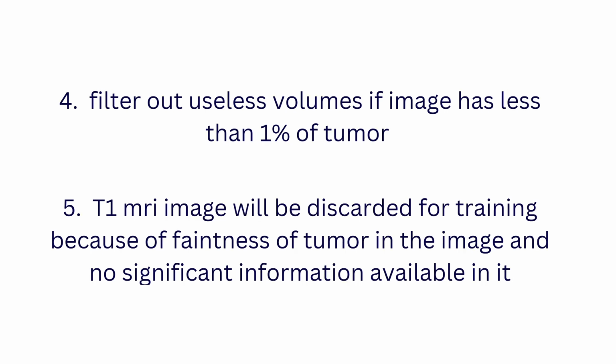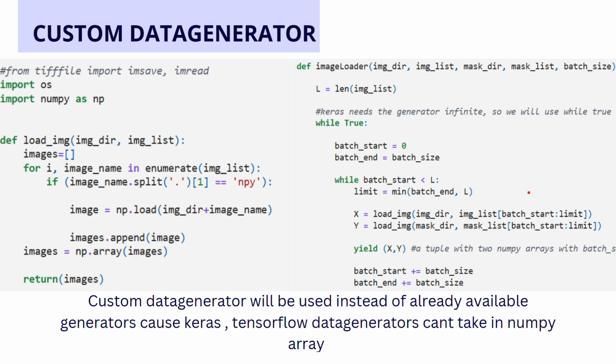Then we filtered out volumes if the image has less than 1% of the tumor. Then we used a custom data generator instead of the already available data generators in Keras and TensorFlow, because Keras and TensorFlow can't take in a NumPy array, and we'll be using NumPy array to load our data into the model.